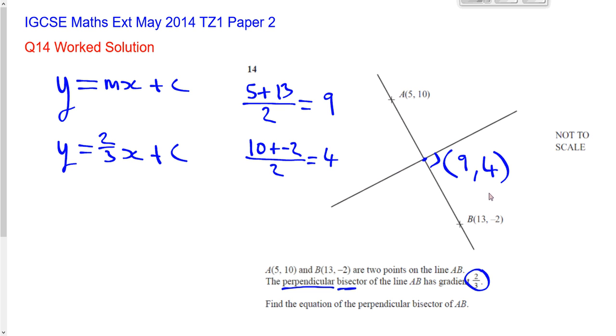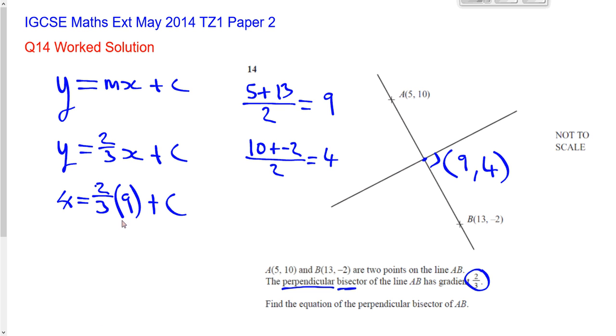We can substitute these values here, and then we can solve. So we're going to say that 4 is equal to 2/3 of our x component, which is 9, plus c.